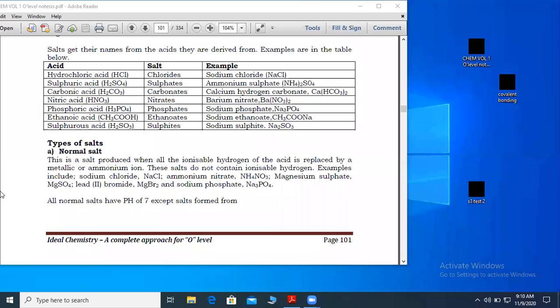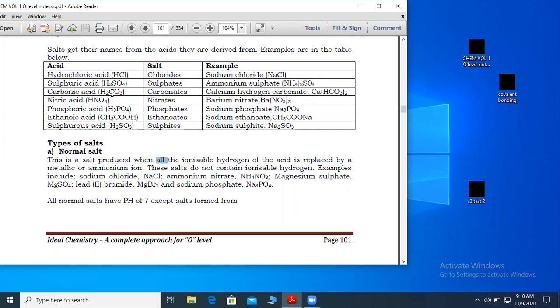Those two are very important, and it is very paramount that you know the definition and examples of each. Normal salt, we said it is the one formed when all the ionizable hydrogen of the acid is replaced by a metallic or ammonium ion. So the key word there is all.